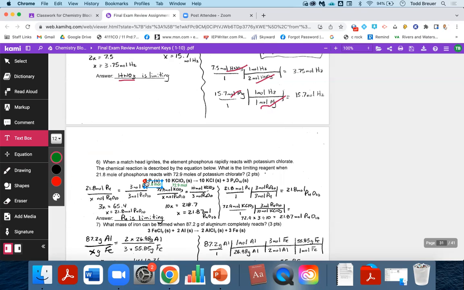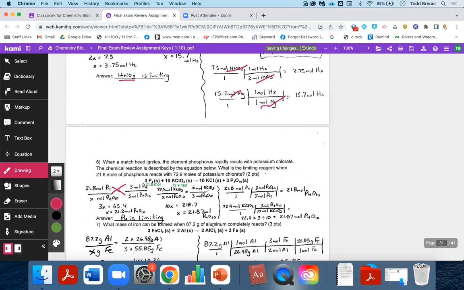We plugged in the coefficients, 3 mole of P4, 3 mole of P4O10, that comes from the balanced equation. We cross multiplied, right? 3 times X is 3X, 21.8 times 3 is 65.4. We divided each side by 3, and this would make 21.8 moles of P4O10.